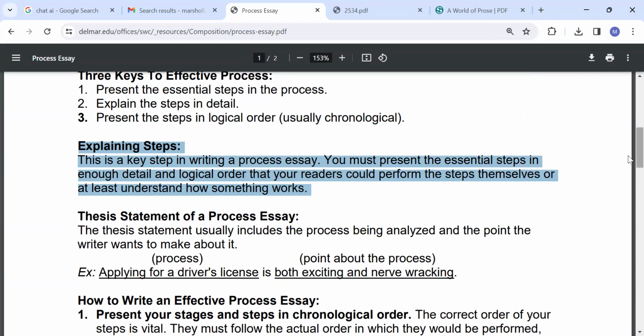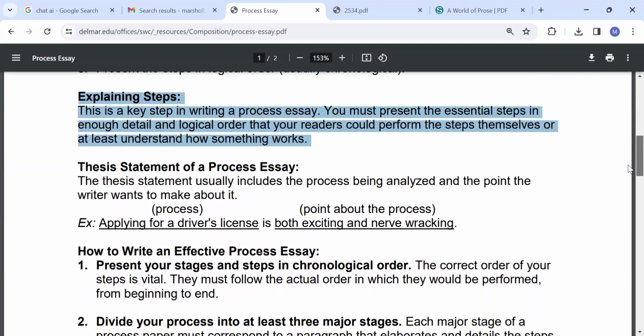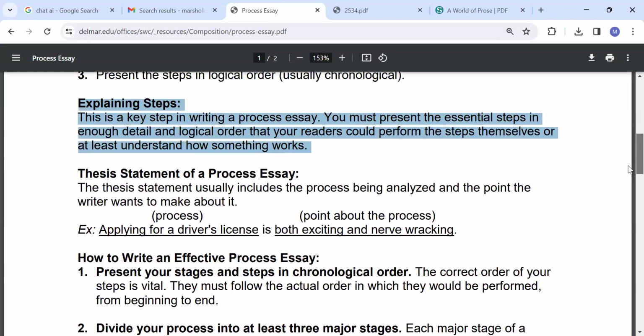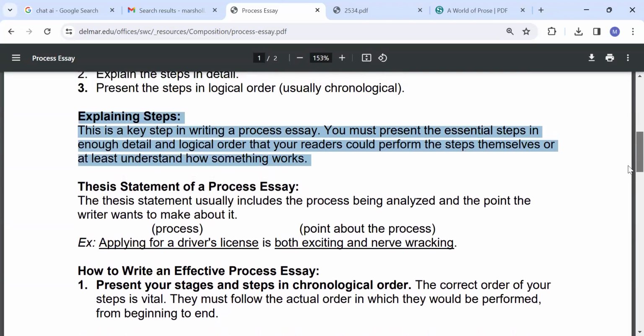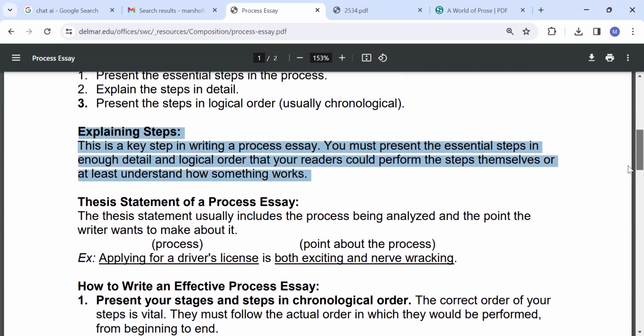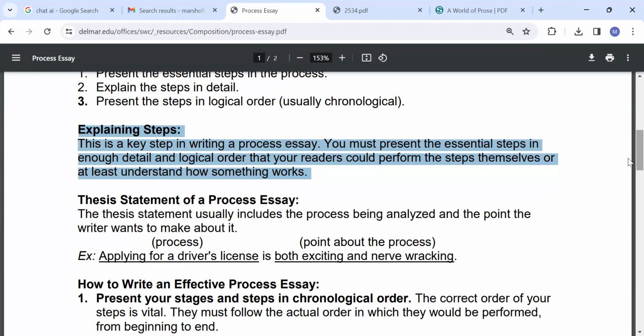So one of the most important things that will guide your process essay is the structure that you use. And this structure, as we said, is a 5-paragraph structure where you have an introduction followed by the paragraphs that will make up your body.